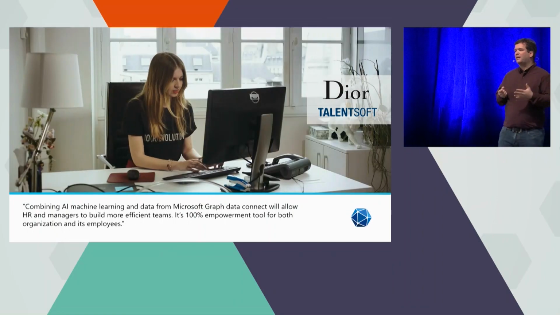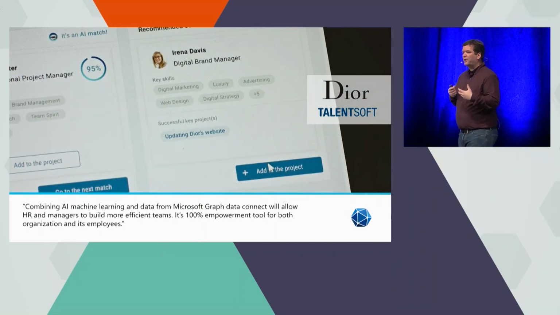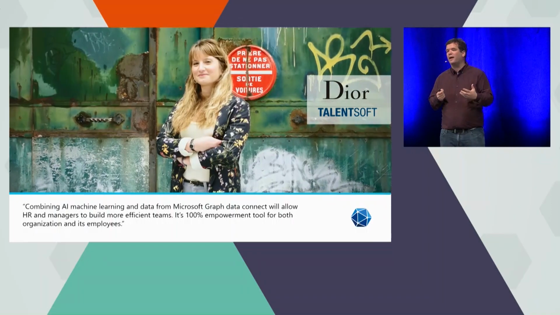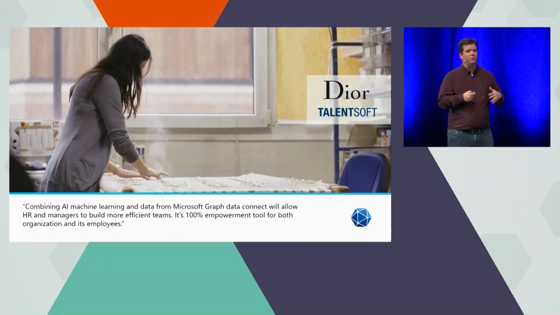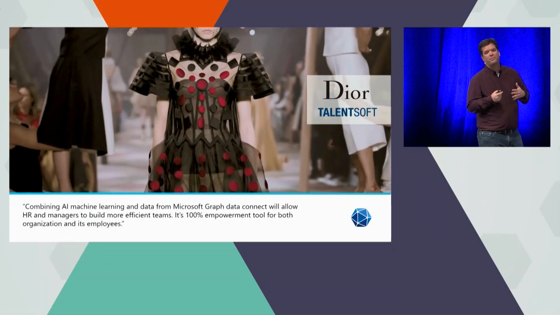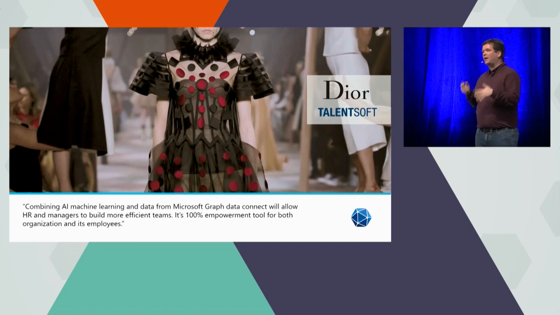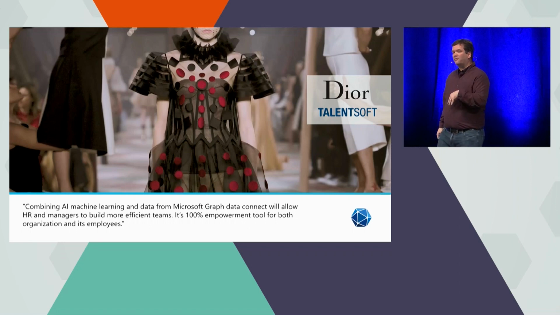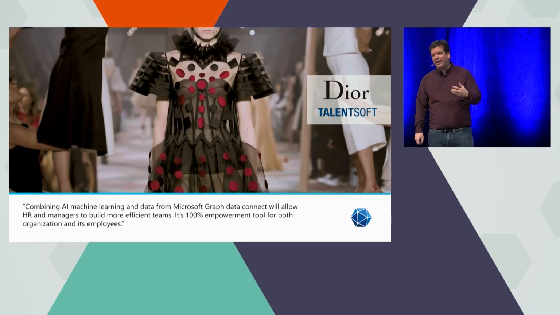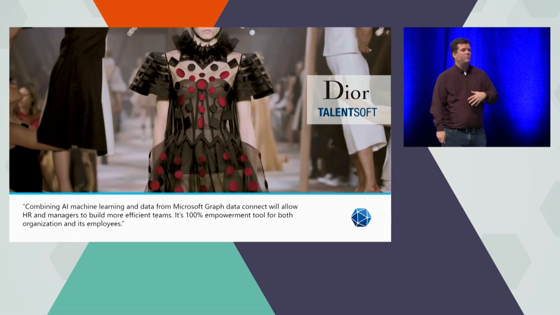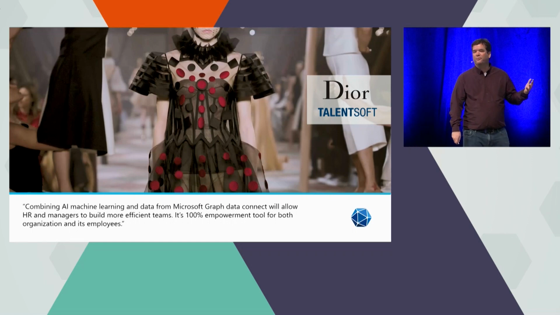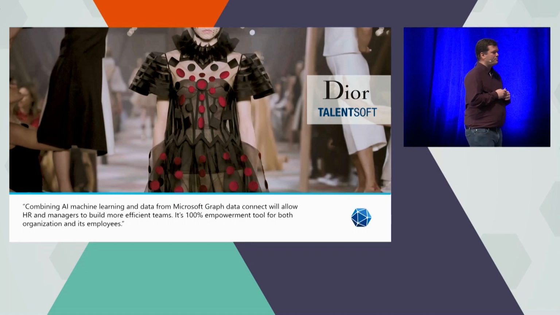And because Graph Data Connect is built with management, security, and compliance in mind, they could make sure that just the right data was exposed and accessible to build this broader application. So Talentsoft is taking advantage of Microsoft Graph, taking advantage of their data, and taking advantage of AI technologies to build experiences that you really couldn't build before that would find the right people and automatically connect them together.